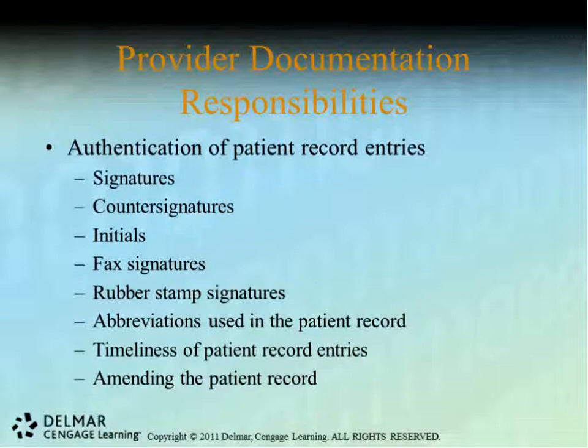If there are acronyms that have more than one meaning, then those are prohibited. Your book, Figure 4.7, gives you a sample example of an official abbreviation list for a hospital.